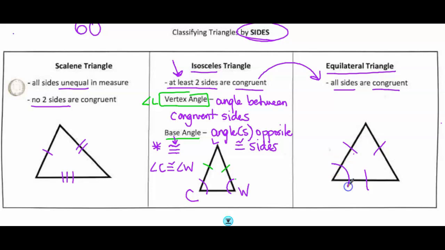That means the base angles are congruent, and because this is equilateral, all angles are 60 degrees. So this is also equiangular. So don't forget, if it's equilateral, all sides are congruent, all angles are congruent, and it's 60 degrees for all of these. Okay?